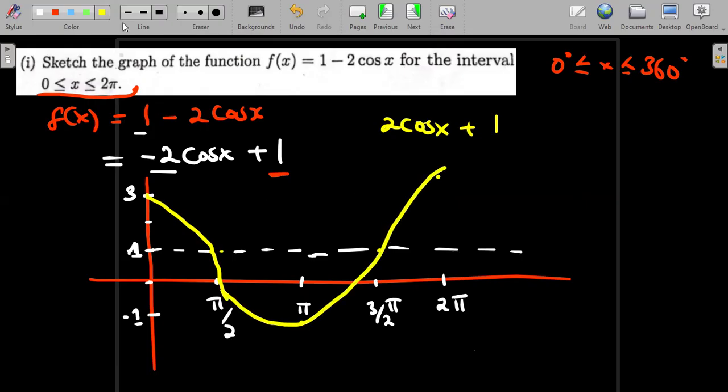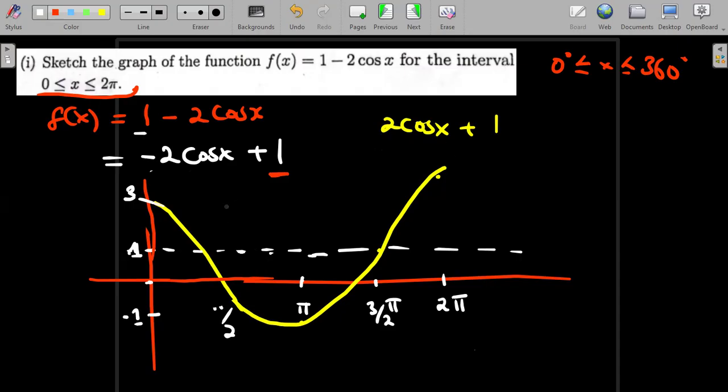Okay, so the first part, let me write it properly. There, it's going to go. Okay, so this is how my graph is going to look. So I'll have something like that, if it was just a positive like this.